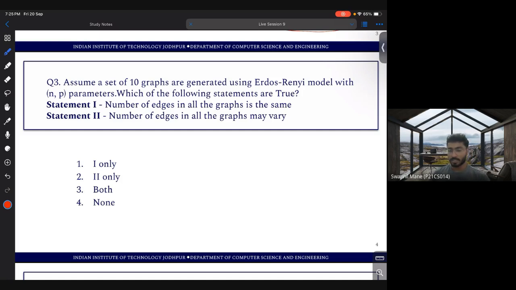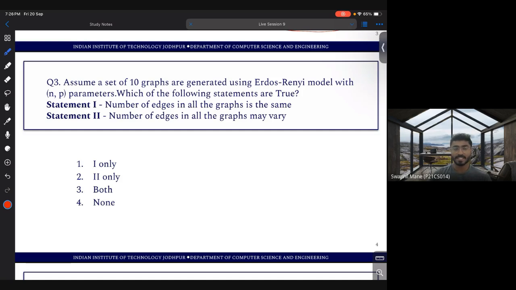So this is the scenario they have given. Considering this scenario, we need to find which statement given here is correct, statement one or statement two. To summarize this question, we have 10 graphs, individually generated by the Erdos-Renyi model, where the probability for each graph is different. Statement one states that the number of edges in all the graphs is the same. Is it true?